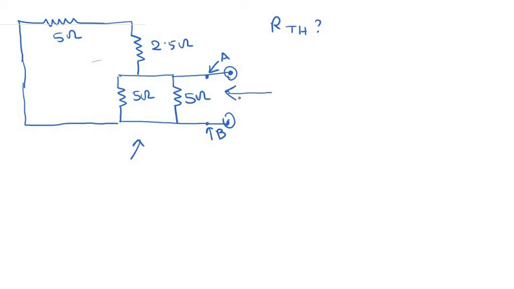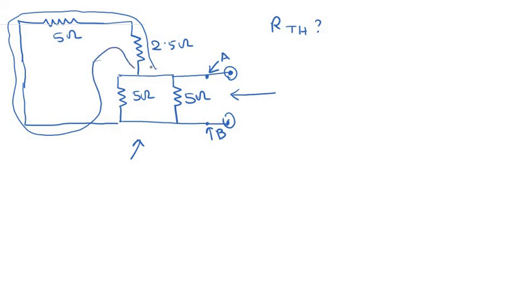Now, when we look from this terminal in this direction, this entire path of 2.5 ohm resistor and 5 ohm resistor is actually lying in parallel to this combination of 5 ohm and 5 ohm resistors.